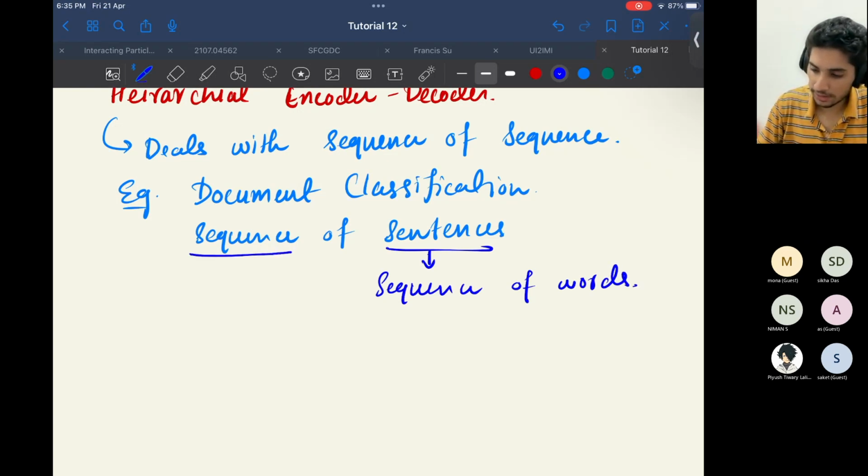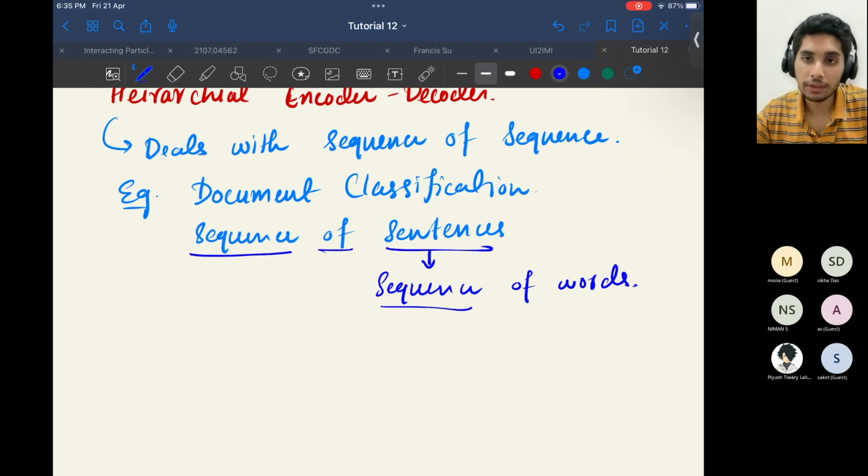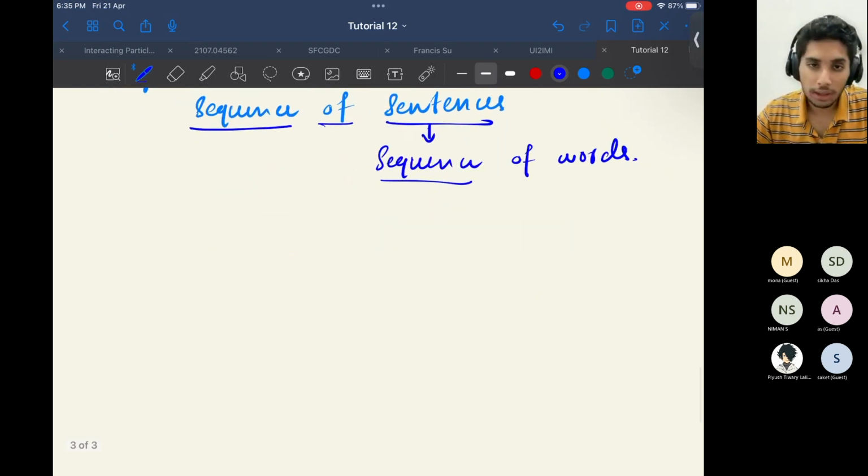So it is a sequence of another sequence. Whenever you see a sequence of sequences coming into the picture, you should think about hierarchical encoder decoders.